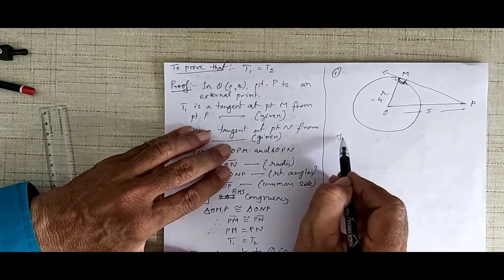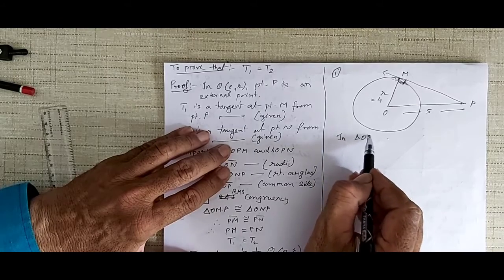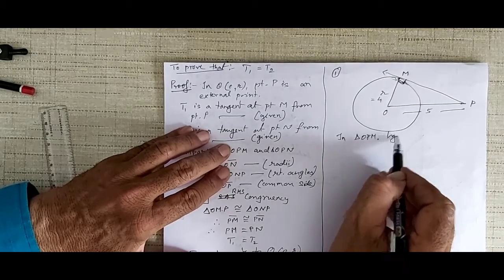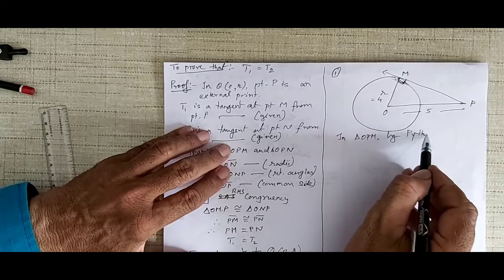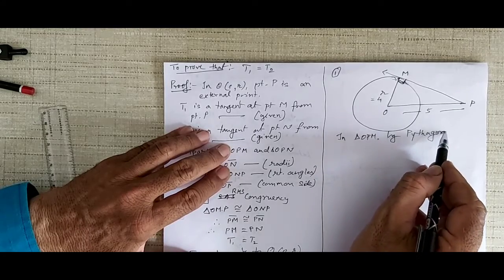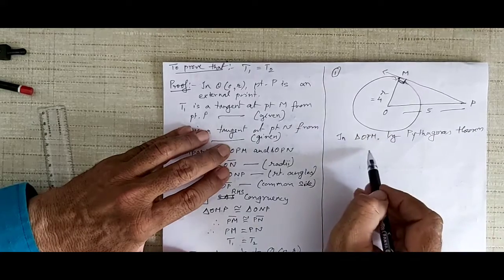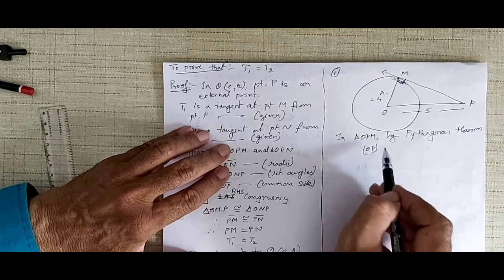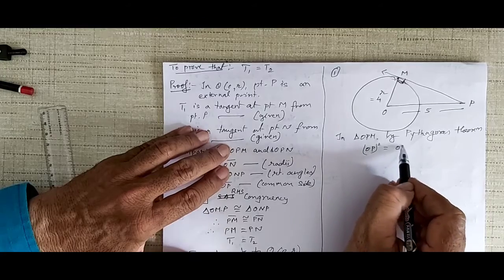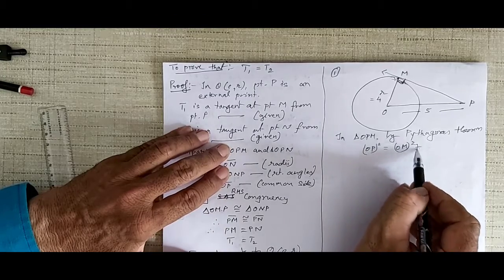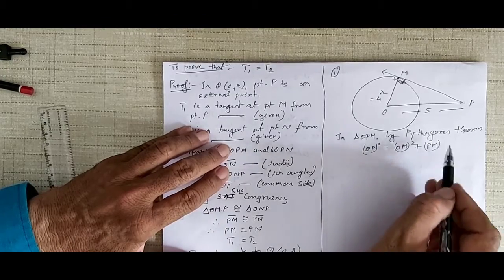So in triangle OPM, you can apply Pythagoras theorem. OP square, because OP is the hypotenuse, is equal to OM square plus PM square.